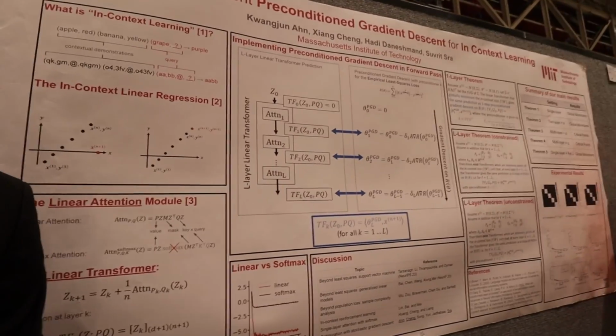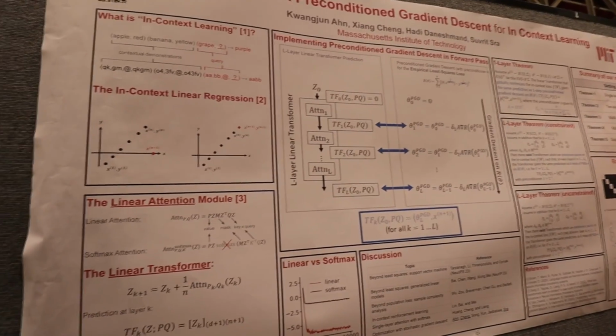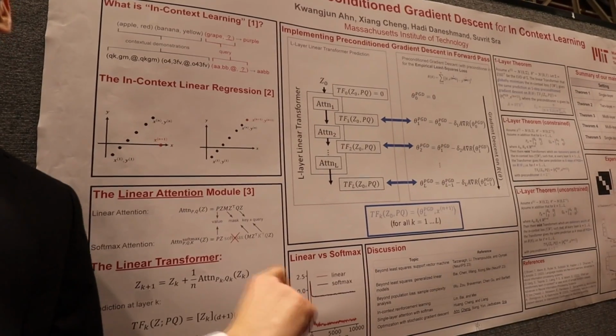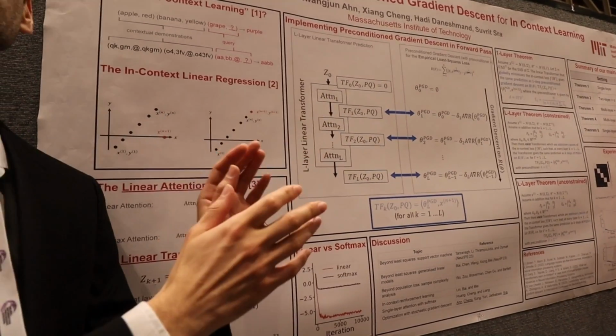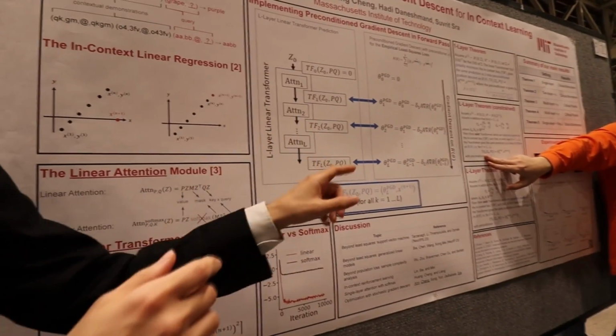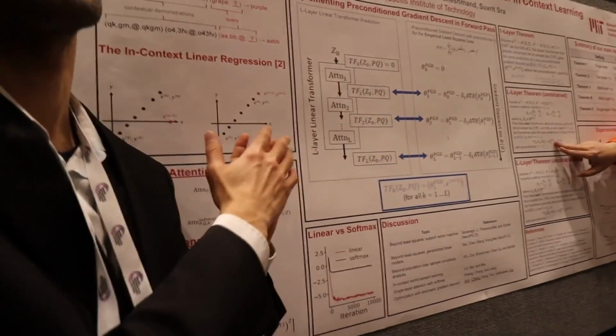You show this theoretically. For a single layer, you can say the global optimum is exactly this algorithm. You can say what the preconditioning matrix is. For multi-layer, the result is weaker. We prove there is a stationary point that is a gradient descent step.